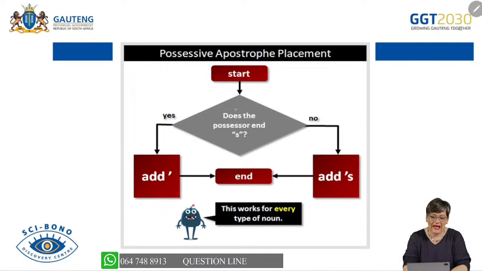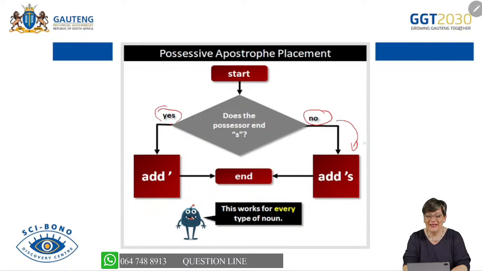So let's say yes. If we say yes, then we're just going to add an apostrophe. And that's the end. If we go back to the start and we ask the question, does the possessor end with an S? And we say no, then we add an apostrophe S.